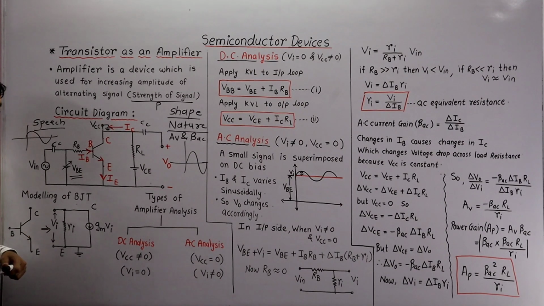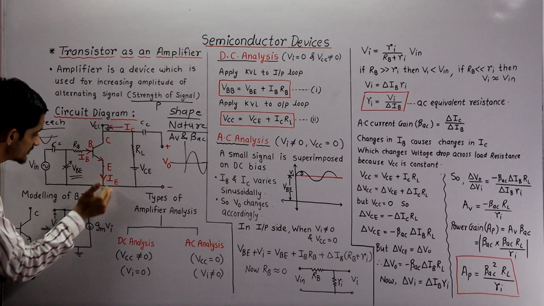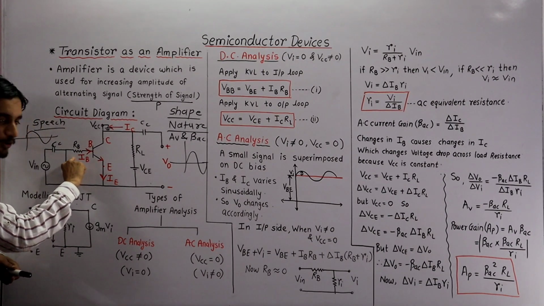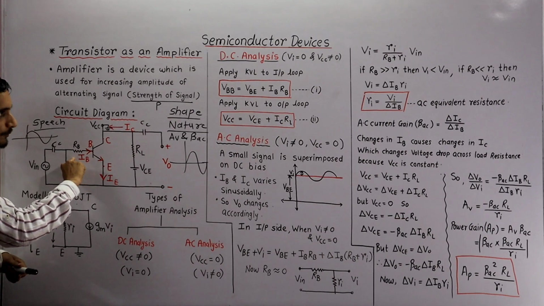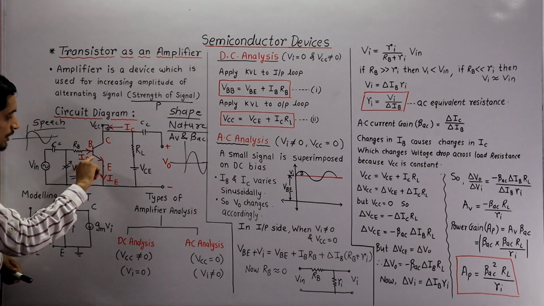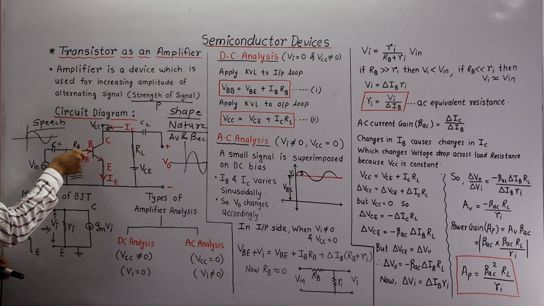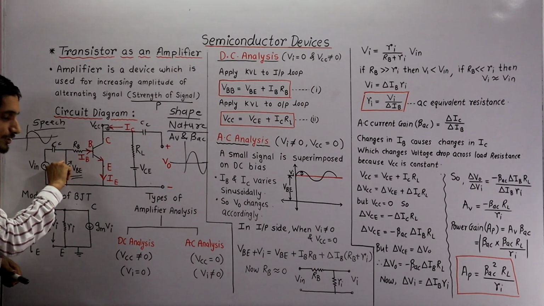To understand it in an easy manner, suppose I am balancing the voltages in this closed loop. This is the applied voltage VBE, this is the voltage drop across RB, and the total supplied voltage is VBB, which is a battery.